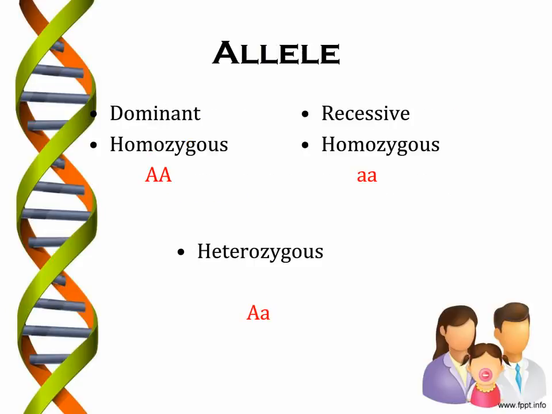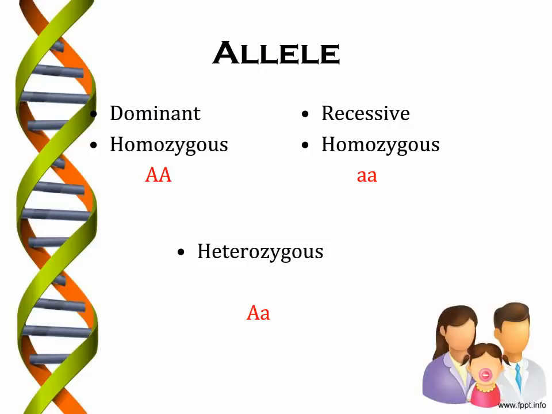Let's take a moment to look at the type of alleles that we could potentially have. Alleles could come in three forms. It could be homozygous dominant, homozygous recessive, or heterozygous.